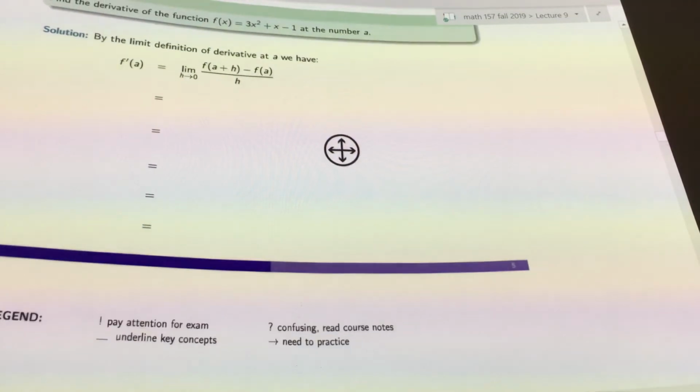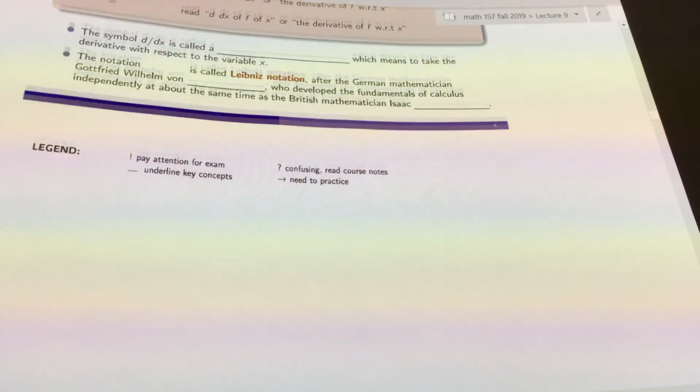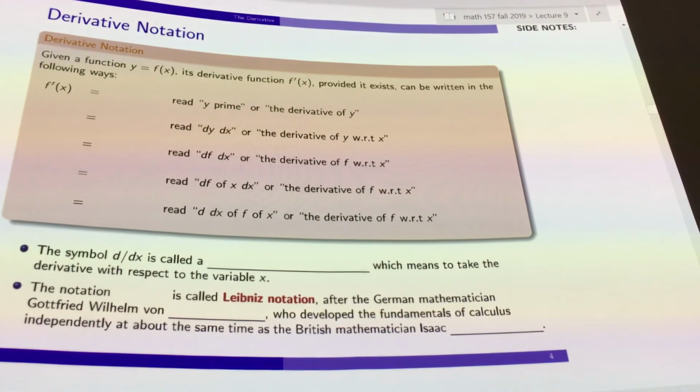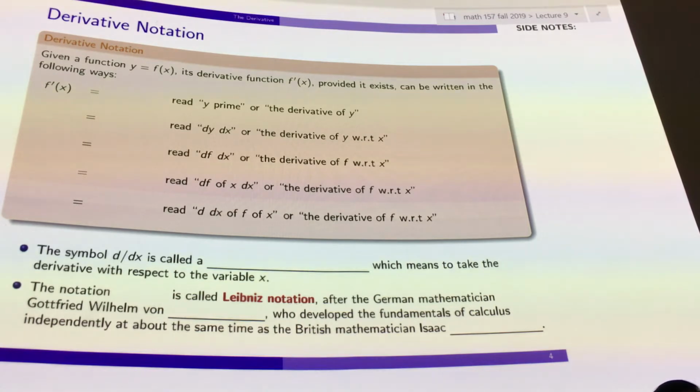There's one slide we didn't cover last time, which is this notation. As I said, the complete slides are already on Canvas. Usually for derivatives, the notation we use is f prime. You give me the function f of x, so you have f prime.